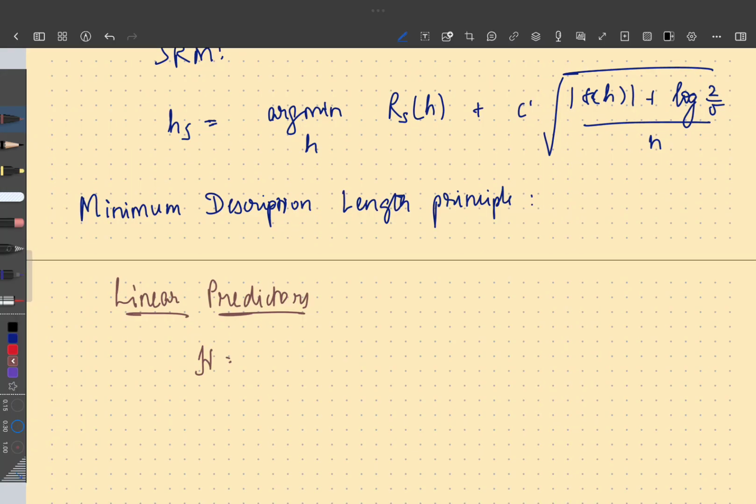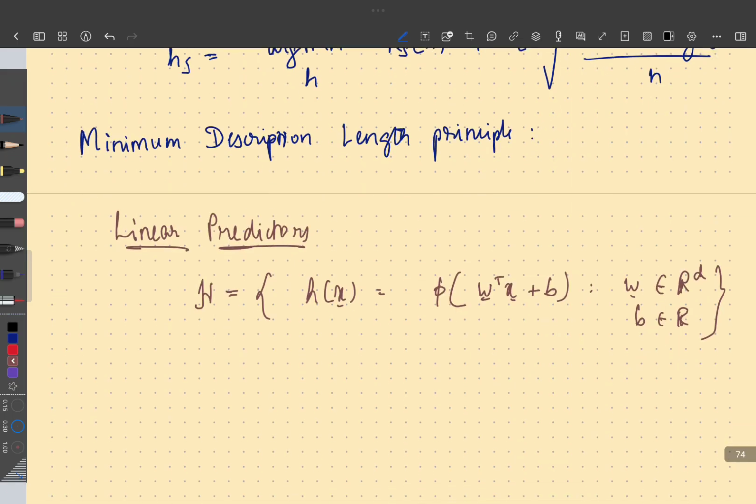So linear predictors are those for which h of x can be written as some phi of w transpose x plus b, with w in R^d, b in R, where phi is some nonlinear function depending on what kind of a problem you want to solve, right?